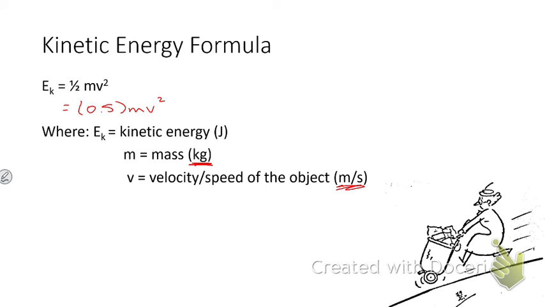Otherwise, it will not be a joule. It would calculate like a microjoule or something, which we don't like. So make sure we're in fundamental units, which is kilograms, meters, and seconds. Physics-friendly units is what I like to call them.